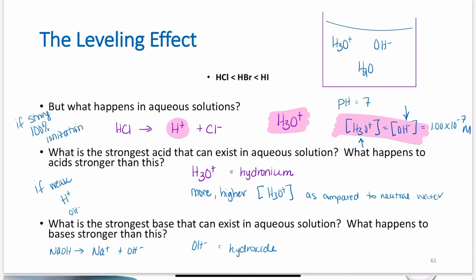If we add more base, same thing. The hydroxide concentration is just greater than the hydroxide concentration from water itself. And that's known as a leveling effect.